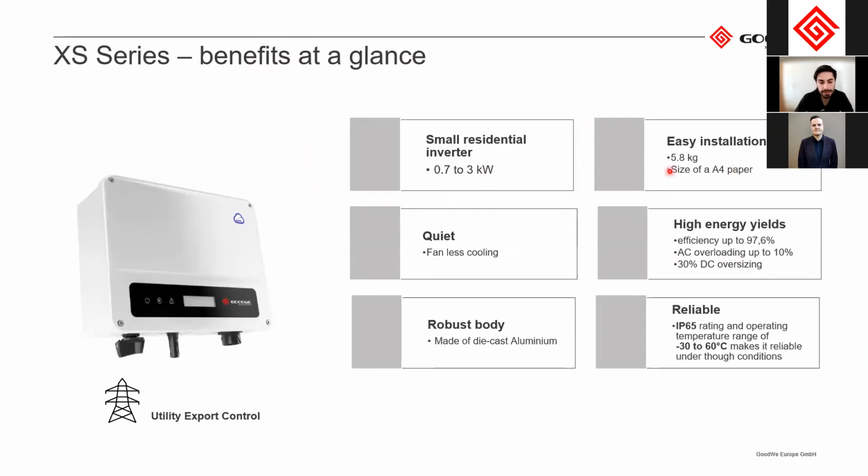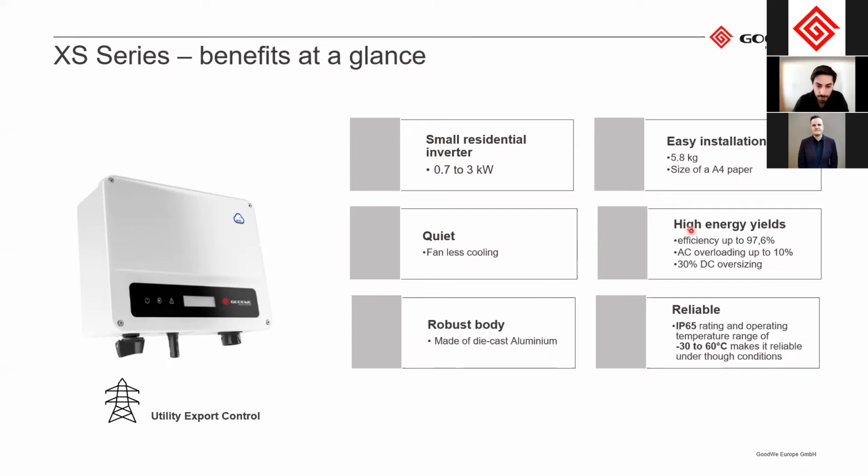It weighs approximately 6 kilos, so it's very lightweight, at least for the larger 3 kilowatt one. And the size of it is the same as an A4 paper. So it's very, very small, and you can have it in your backpack and then go and install it directly.